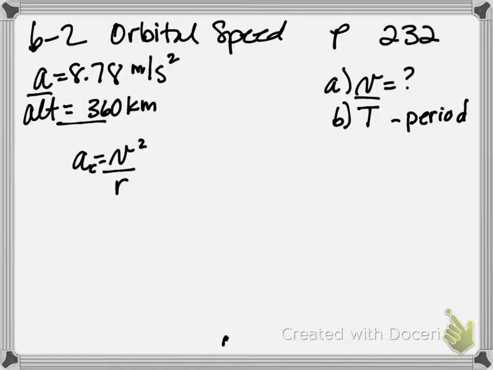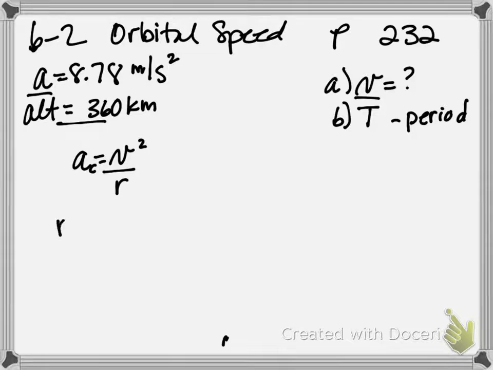Now, when we have a satellite orbiting the planet, the radius we use is not the distance between the surface and the satellite. It's the distance between the center of the planet and the satellite, because that's what the satellite is really orbiting.